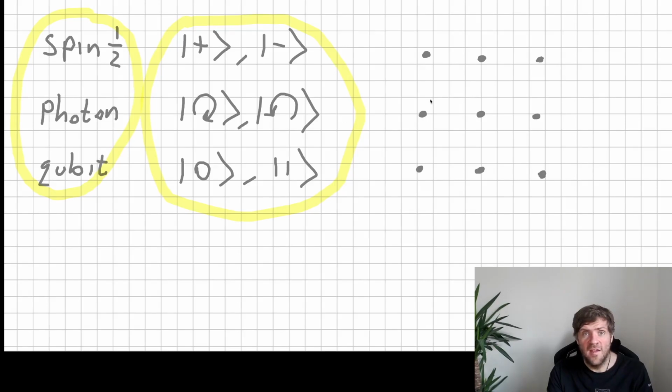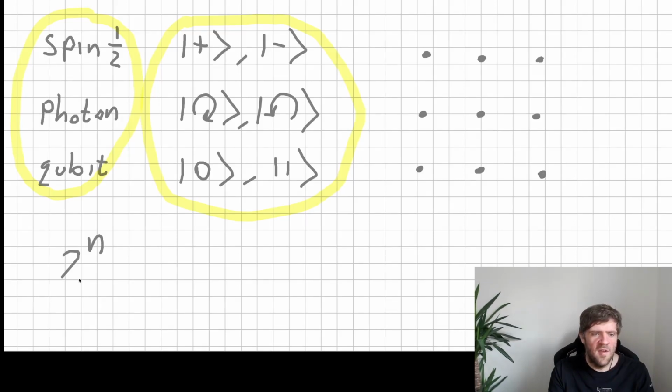Now, which is going to be best? Well, the length of the ket, so the state vector for n spin-half particles. I've used n for something else in these lectures, so I should actually use little n.